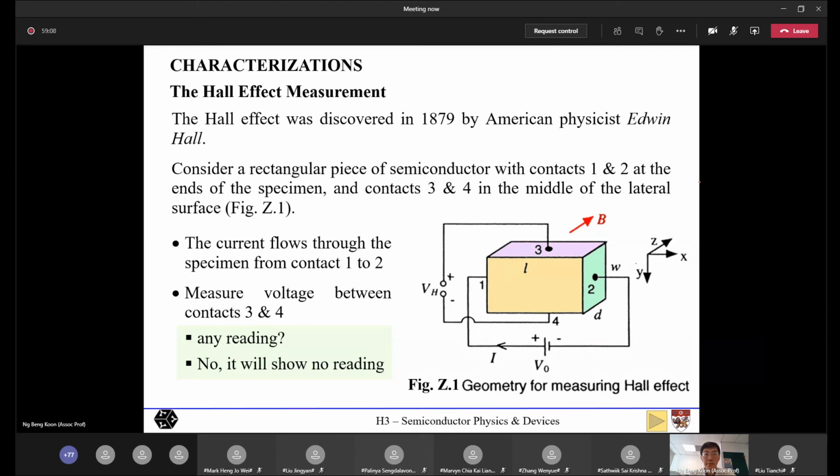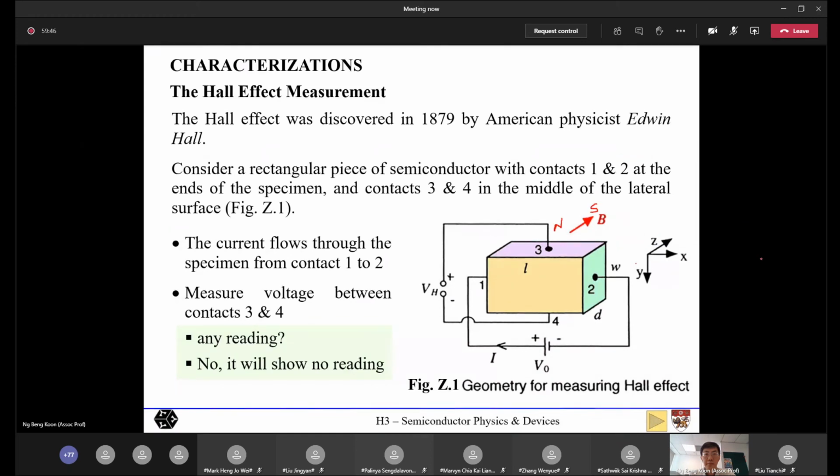In this case, the magnetic field is represented by the red arrow you see here, with magnetic field strength B. This magnetic field is going into the screen, which means the north is outside the screen and the south is opposite the screen. So it goes from north to south. That's the direction of your magnetic field.